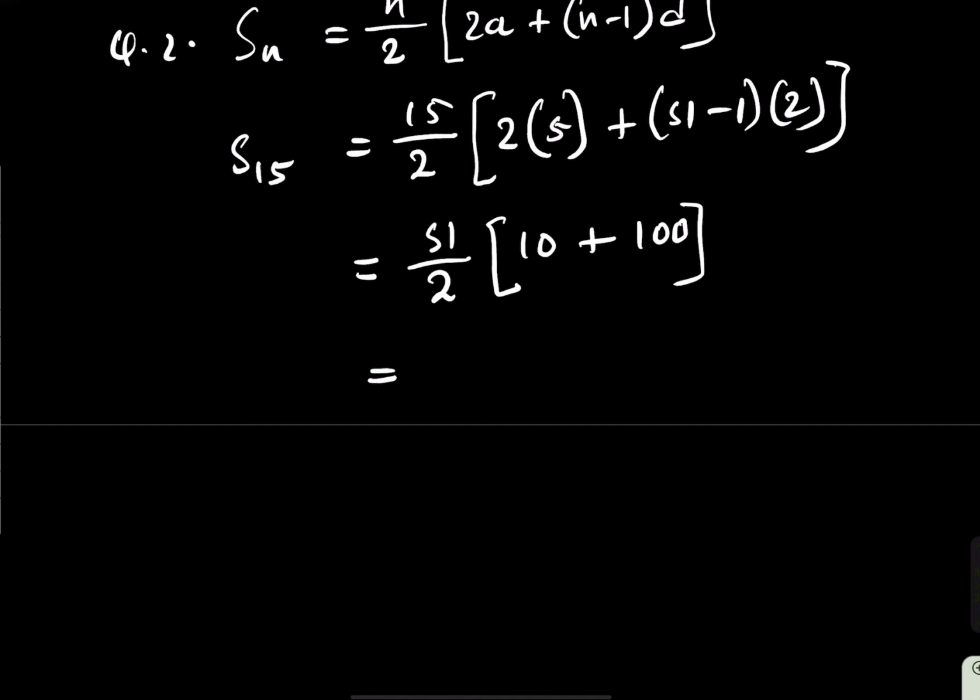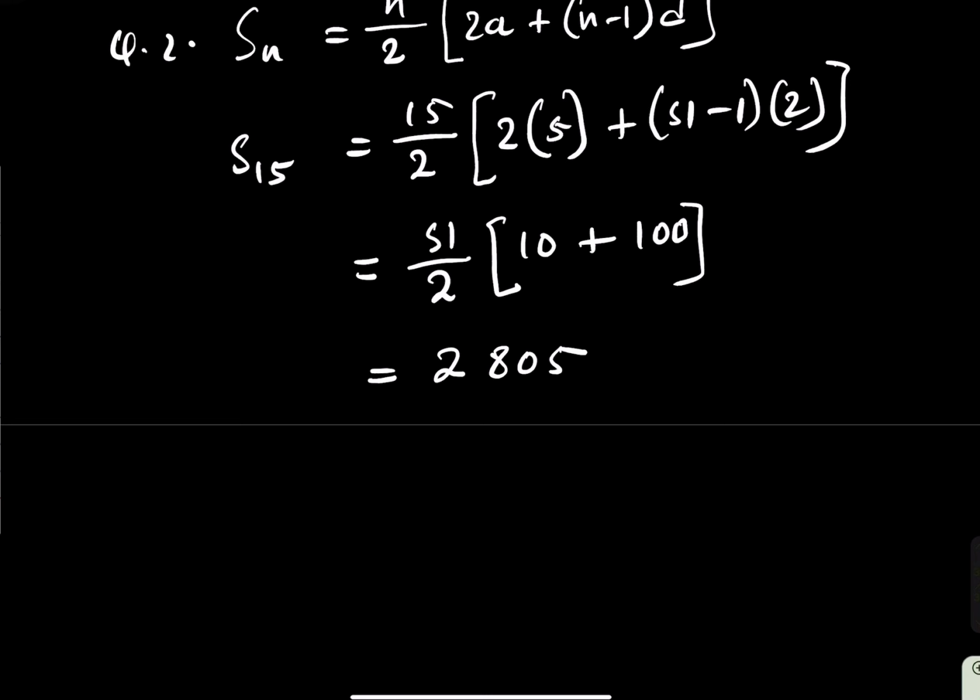It's 110 there. Times 51 over 2, which is 25.5. You must be able to get 2,805. Please make sure that you're also typing this in your calculator. So that is 110. Please do that.